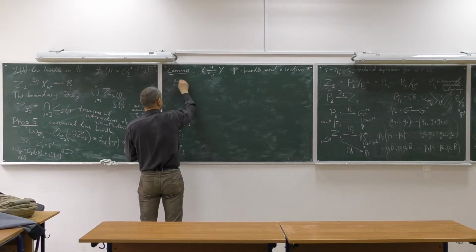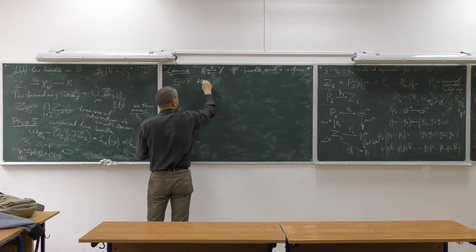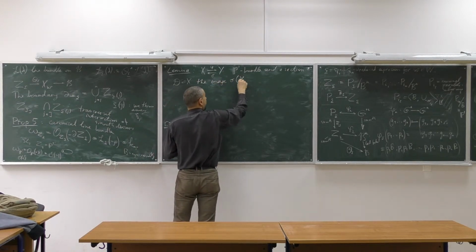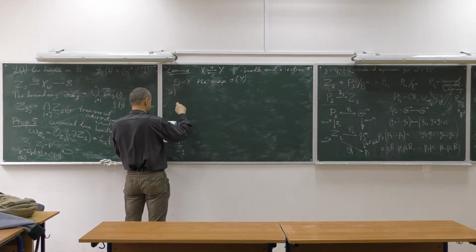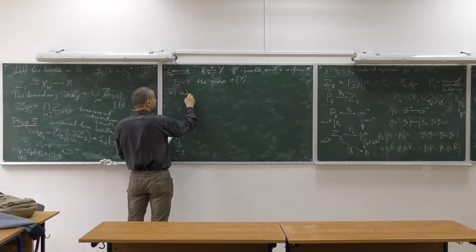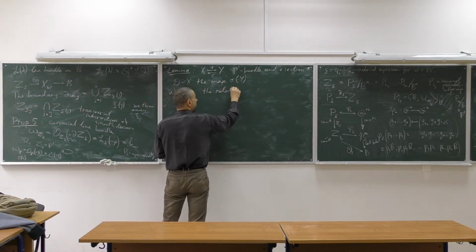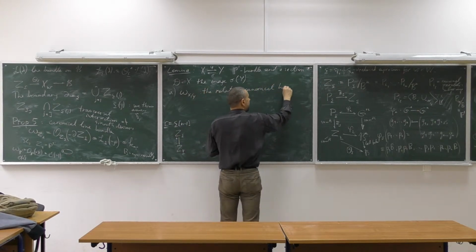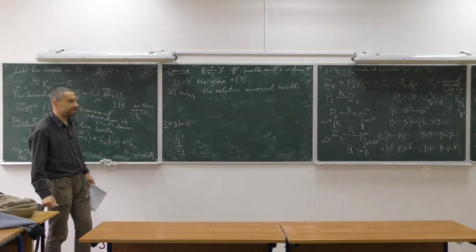And then I say D in X is the image divisor, the image of this section, sigma of Y. So I claim that in this situation the relative canonical bundle, so what does it mean?